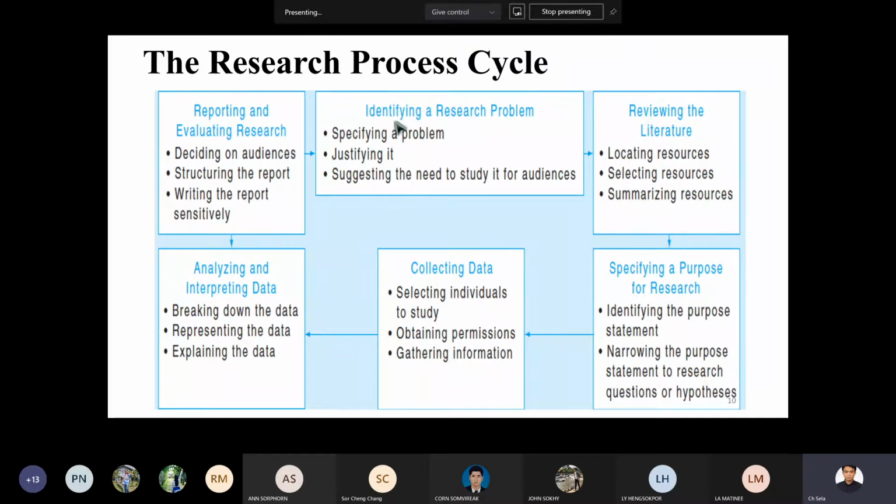Okay, so we can start right now. Identifying a research problem. Normally, many people would start with a topic. Before they start doing the research, they try to find out what interesting topic to write about. If you find an interesting topic, that would be concerning chapter 2 mainly.